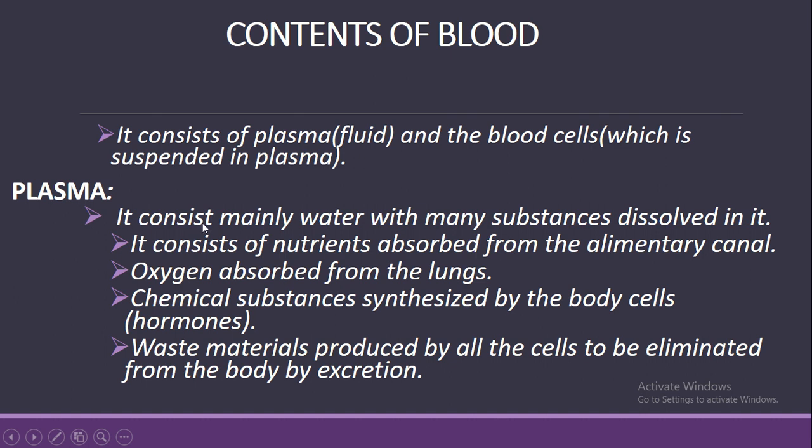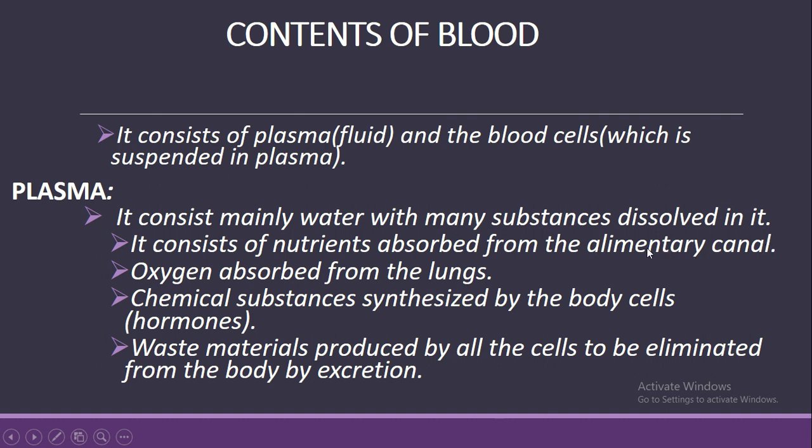Plasma consists mainly of water with many substances dissolved in it. It contains nutrients absorbed from the alimentary canal, which means the digestive system, the large intestine, the small intestine, everything.